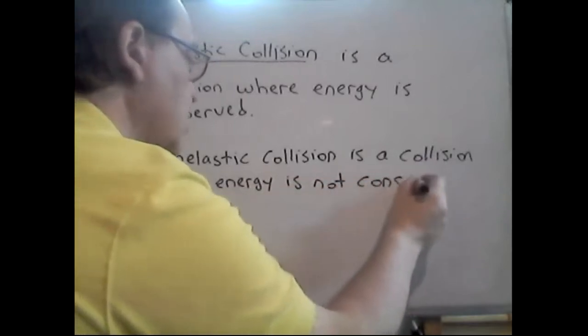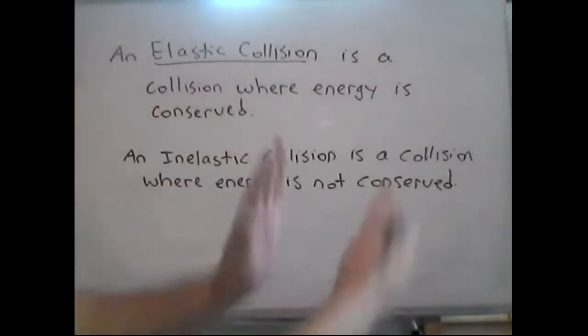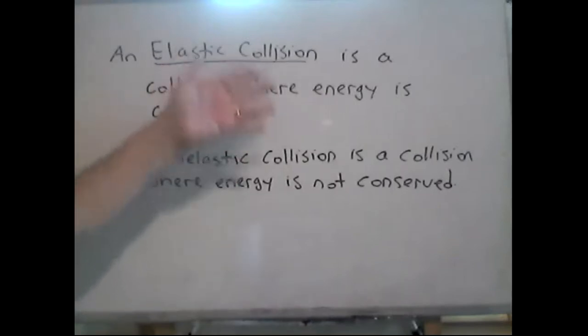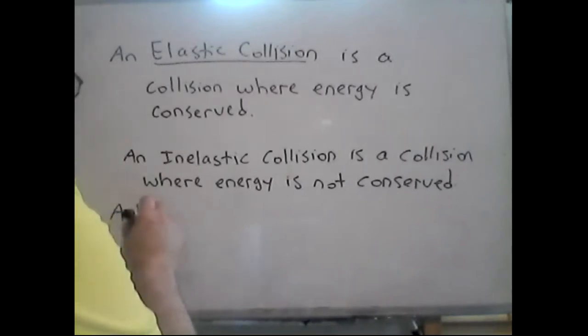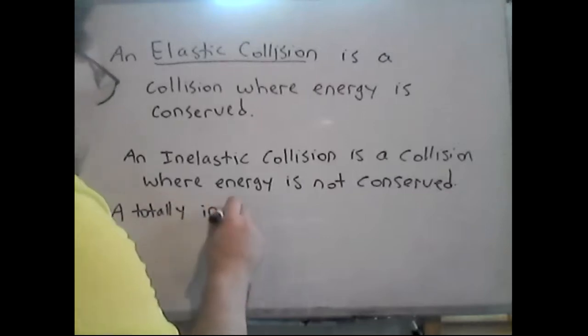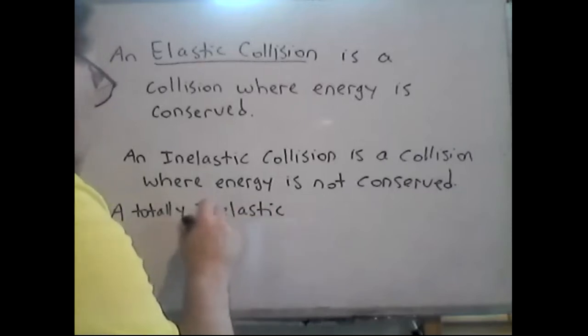Again, most collisions are inelastic, like a railroad car bumping into another railroad car. In an elastic collision, the typical example would be two pool balls colliding, but again, not truly elastic, as I said earlier. Now, you could have a totally inelastic collision. Capital letters here.